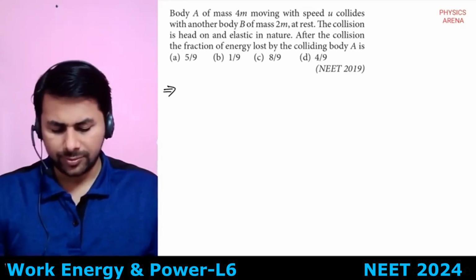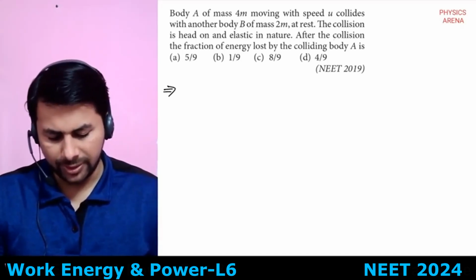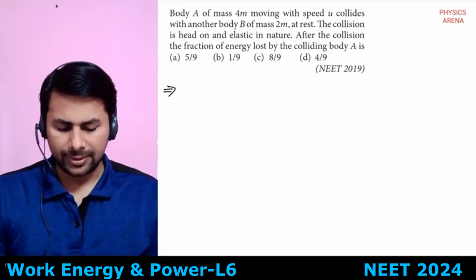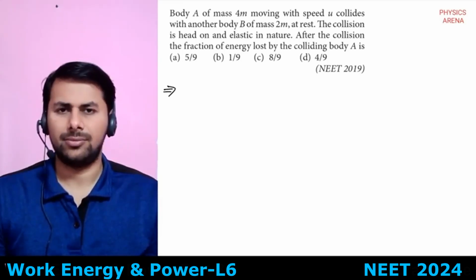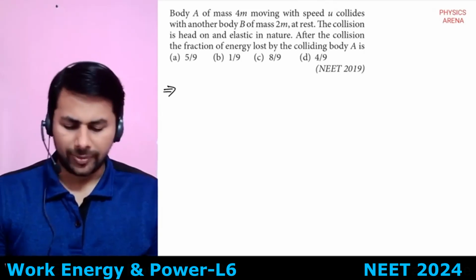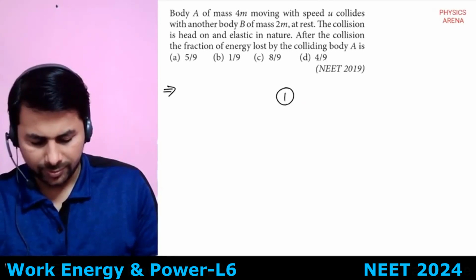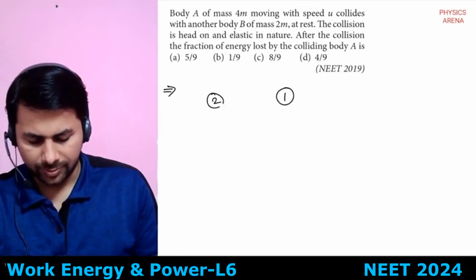m1 u1 is equal to m1 v1 plus m2 v2. That is fine. After that, suppose this is body 1 and this is body 2.